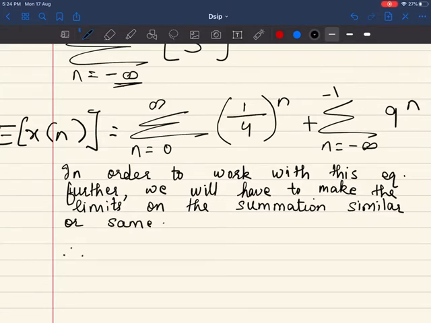So that's why I am going to put n is equal to minus m in the second term of the equation.